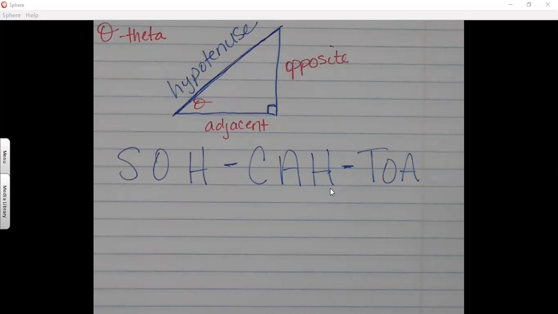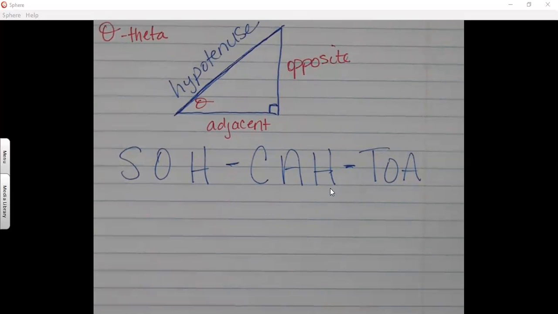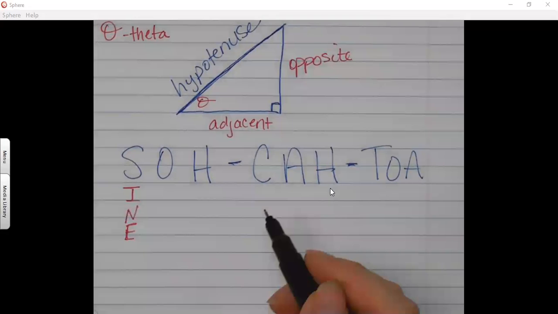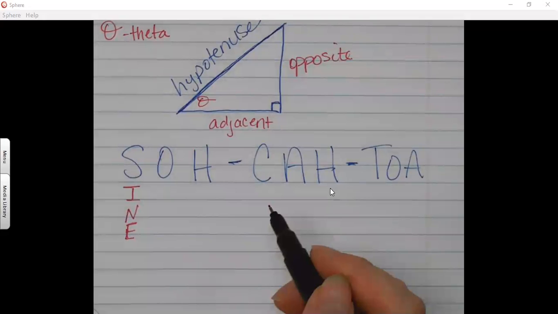Sine, and it's not S-I-G-N, it's S-I-N-E. What do you think the O stands for? Opposite. And what do you think the H stands for? Hypotenuse.